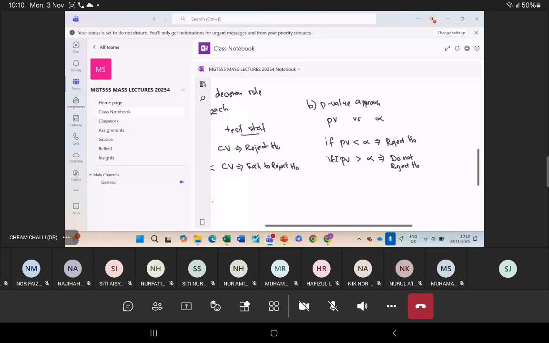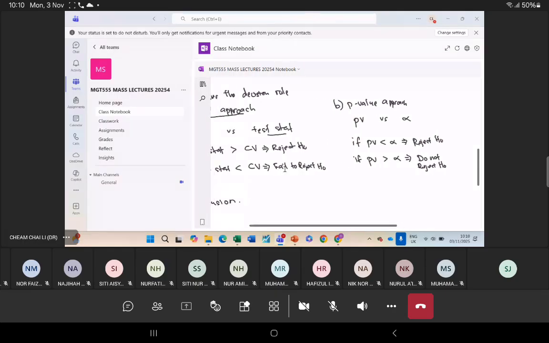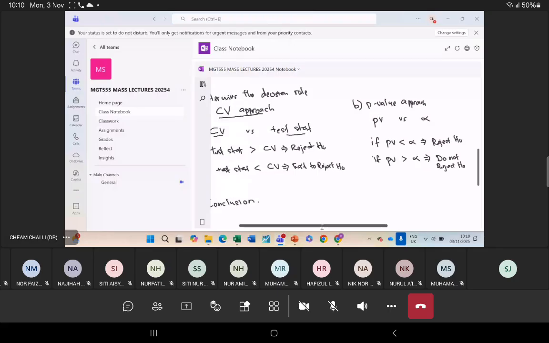If you use the p-value approach, you compare your p-value with alpha, and if your p-value is smaller than alpha, your decision is to reject H0, okay? That means this particular variable is significantly affecting the dependent variable. So you have two approaches to look at.